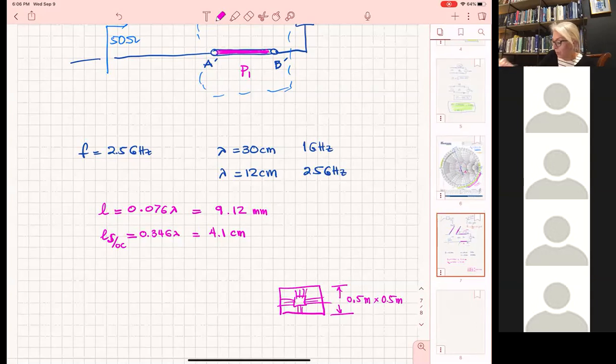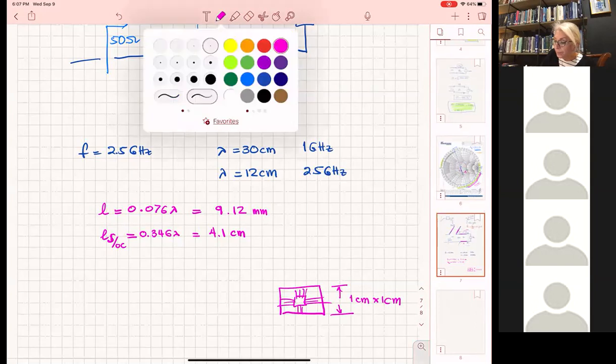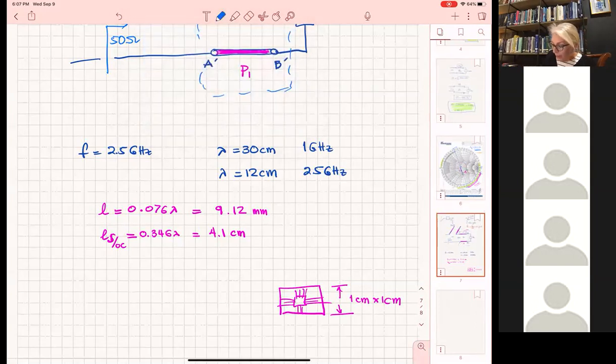So let's assume the package is 1 centimeter by 1 centimeter. Your transmission line next to it is going to be almost 9 millimeters.